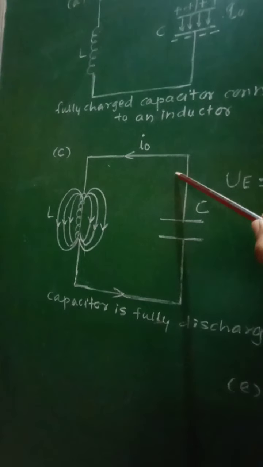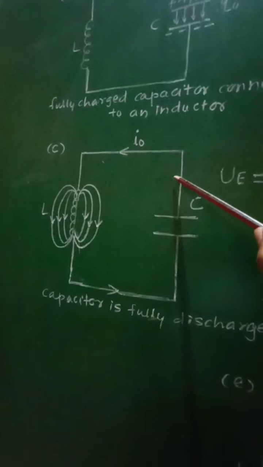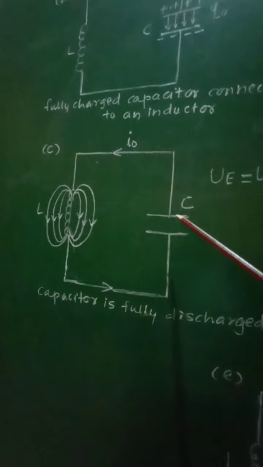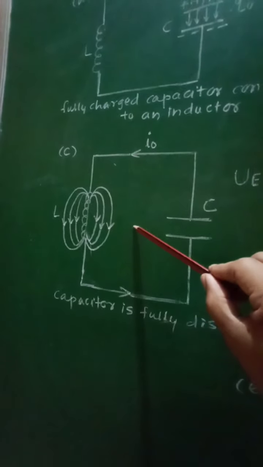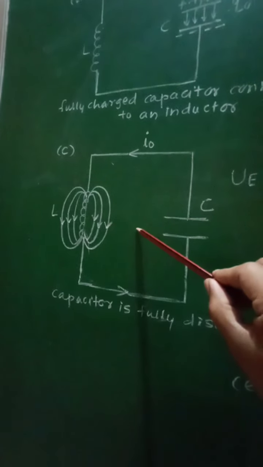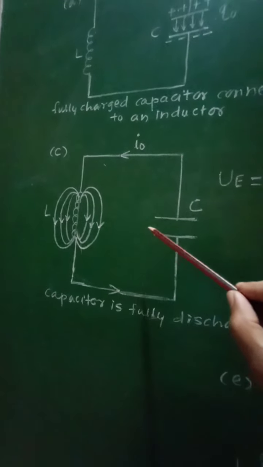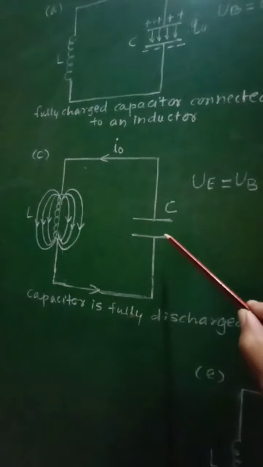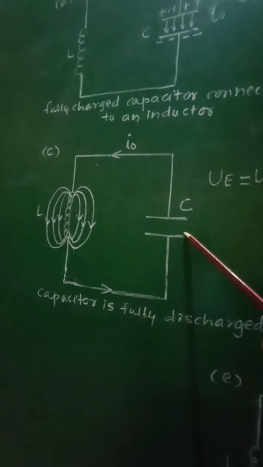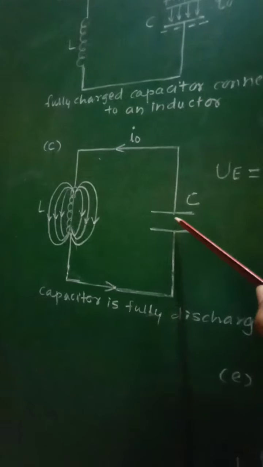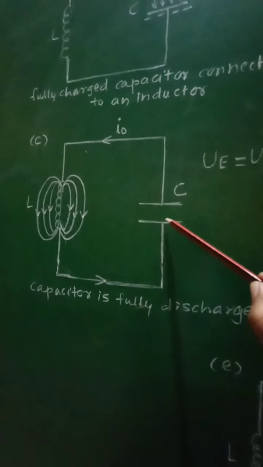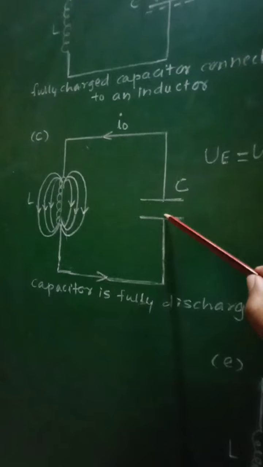So I0 is the maximum current flowing through that circuit, and the energy in this inductor L is magnetic energy. Thus the total electrostatic energy of this capacitor gets converted into magnetic energy. So here there are no charges, so we can say that this capacitor is fully discharged.